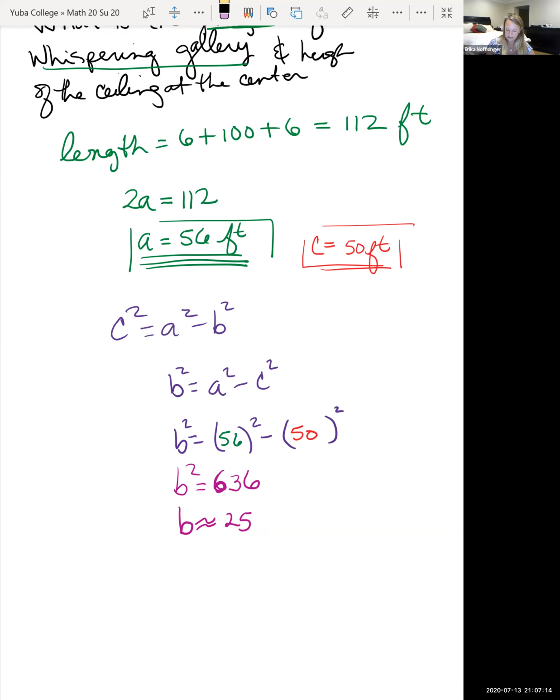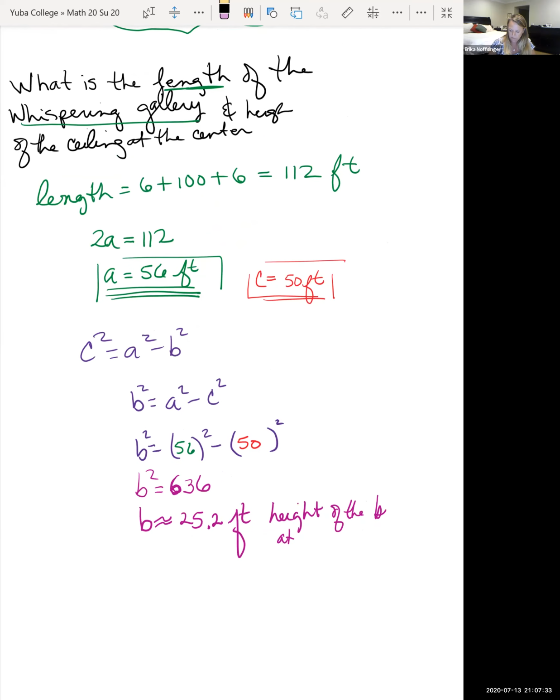So rounding to the tenths, I'd have just 25.2. B is the height of the building at the center. Of the room.